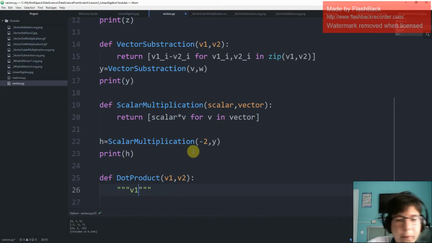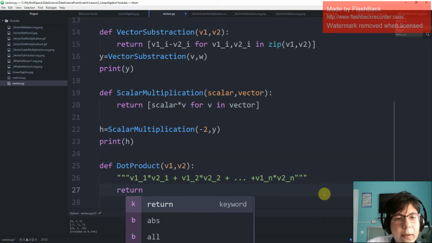So the first element of the first vector times the first element of the second vector, plus the second element of the first vector times the second element of the second vector, plus, and so on, until you reach the end of the vector, which would be the last element of the first vector times the last element of the second vector.